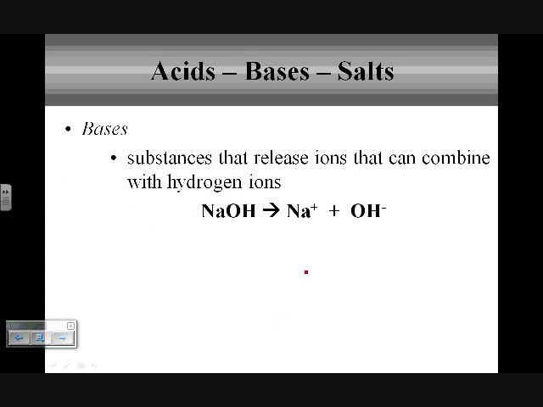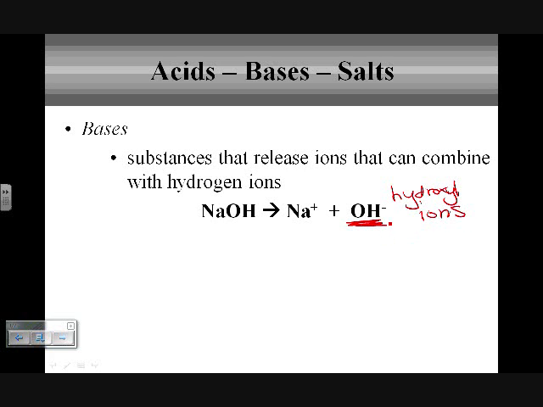The opposite is true of bases. Bases are those electrolytes or substances that release ions that are able to combine with hydrogen. Specifically, we're talking about these OH minuses, which are referred to as hydroxyl ions.